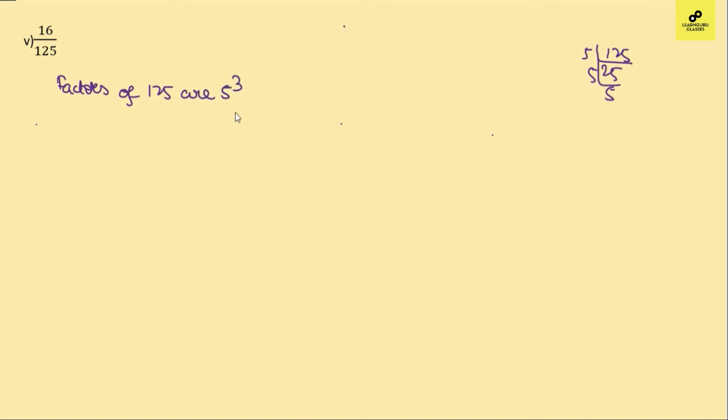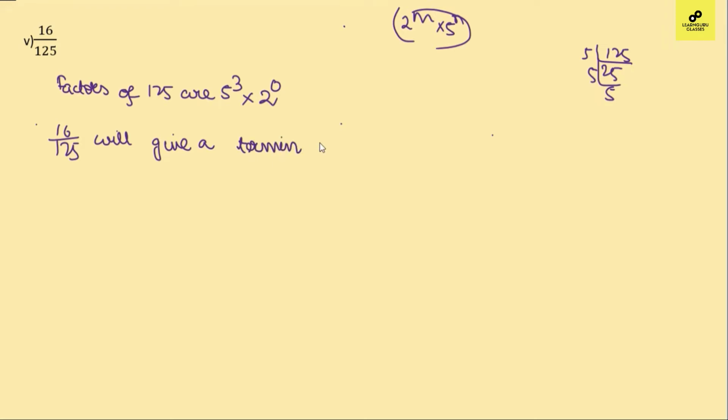Easily, 5 to the power of 3 into 2 to the power of 0 we can write, and it easily resembles this form. So we can say that 16 by 125 will give a terminating decimal expansion.